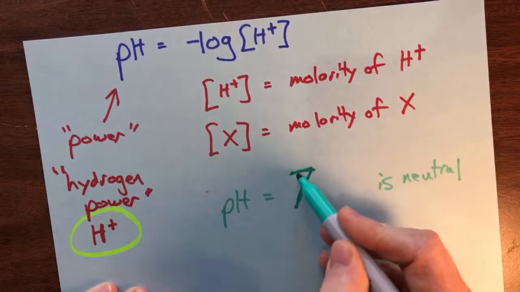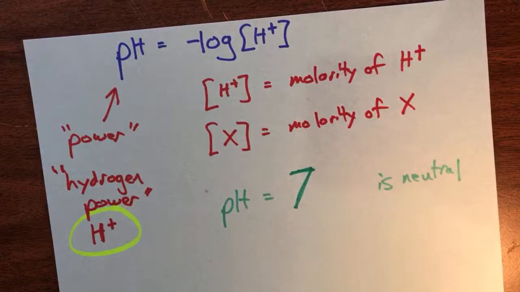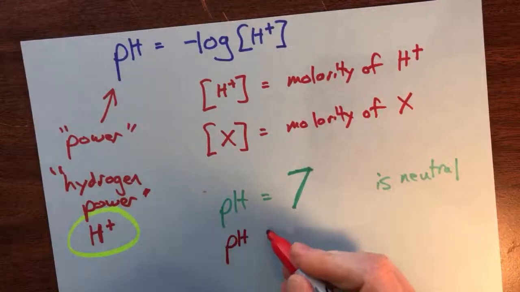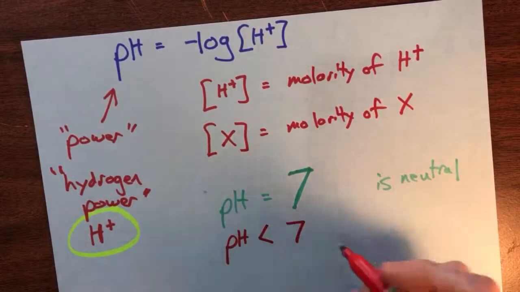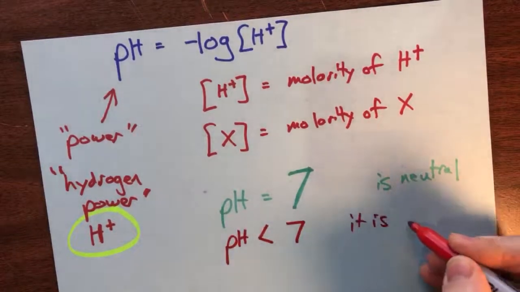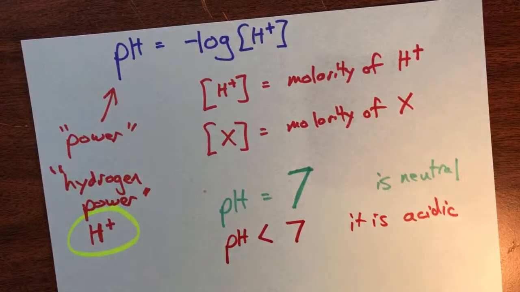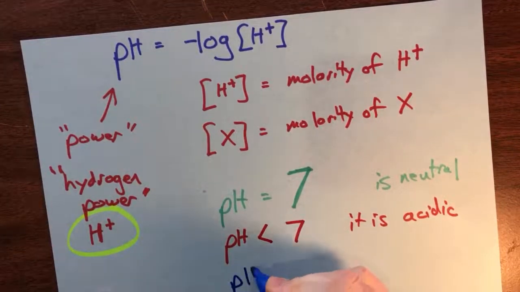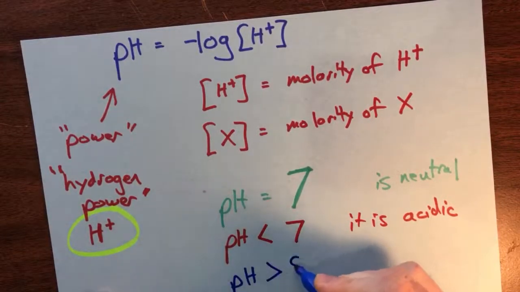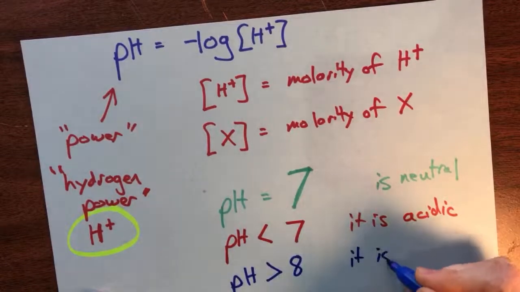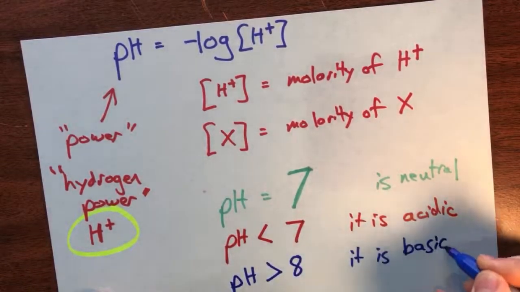Maybe you guys knew it before, maybe you didn't, doesn't matter. Now you know. So pH of 7 is neutral. Anything less than that, if the pH is less than 7, it is acidic. And if the pH is more than 7, it is basic.